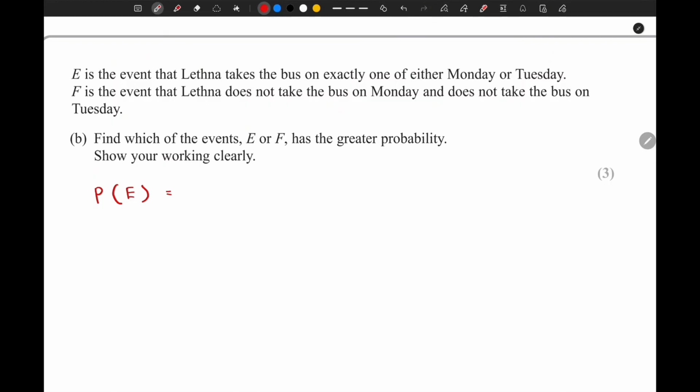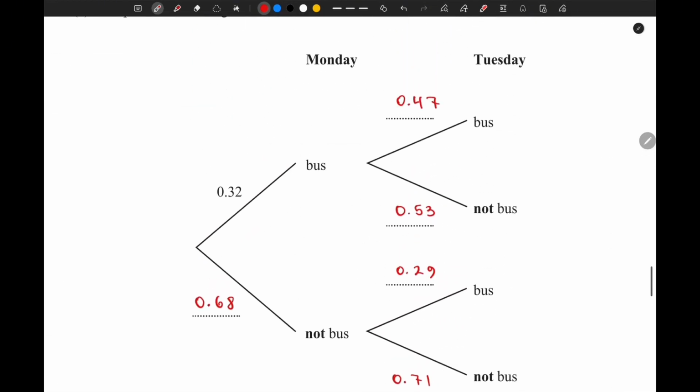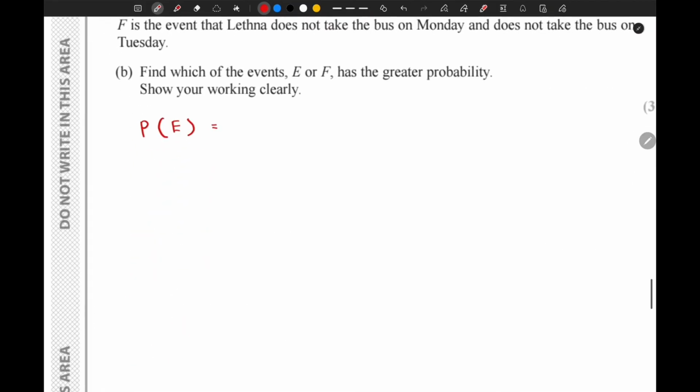It cannot be both of those days. So let's look at the combinations. She may take the bus on Monday, but she will not take the bus on Tuesday. So it's 0.32 times 0.53. So this is one of the combinations.